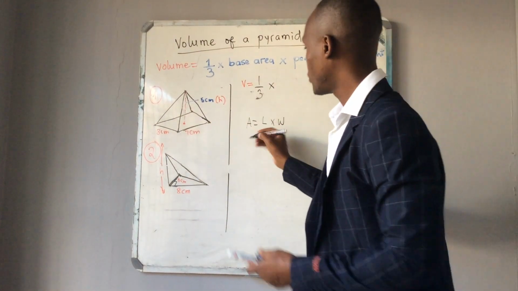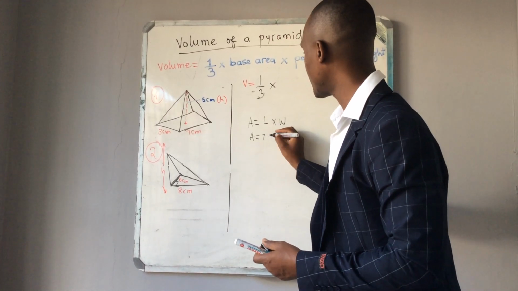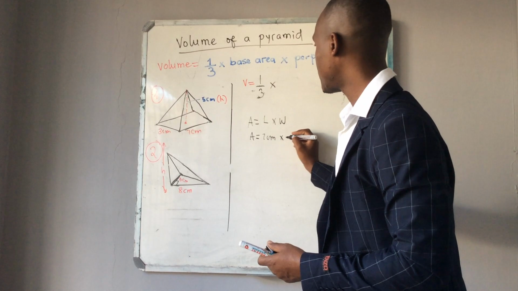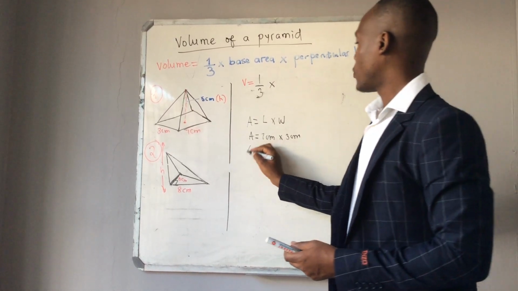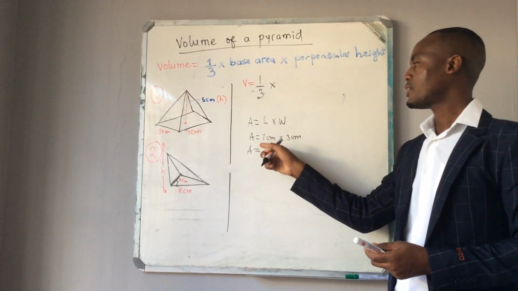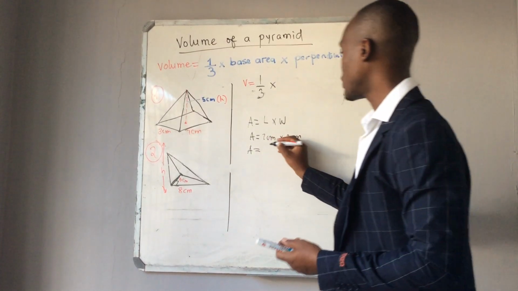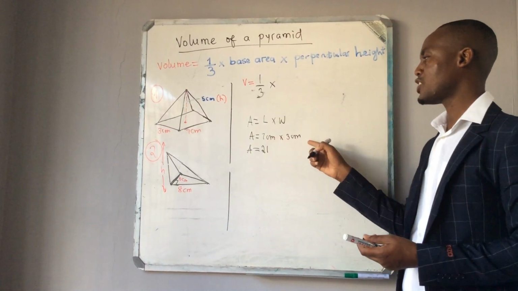So we can multiply 7 centimeters times 3 centimeters. Now we multiply the whole number 7 by the whole number 3, which gives us 21. And these are variables here, so we have centimeters and centimeters.